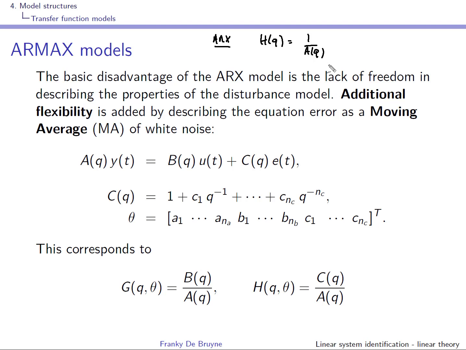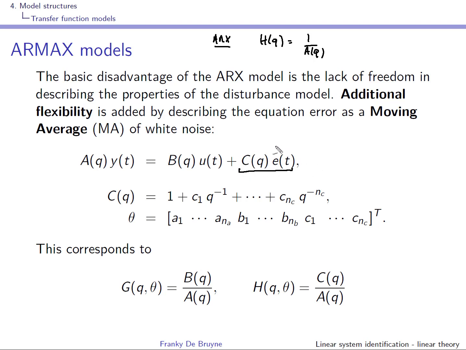So the idea here is that instead of having a 1 here and adding just white noise, we could say, I'm going to add white noise going through this filter over here.